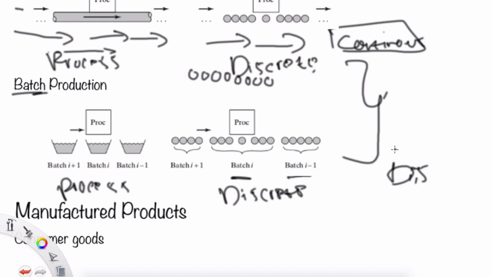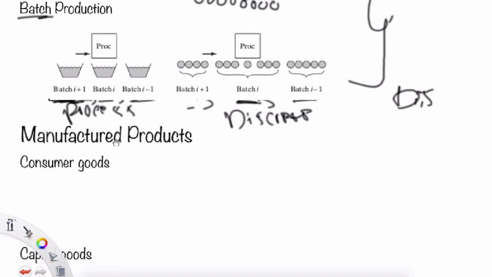So there is a finite amount of material that can be processed at one time, and the process meets the limit so it can move to the next process. This is only to simplify the definition based on our reference, so we can understand and separate the differences between continuous production and batch production, and then we will move to the manufactured products.